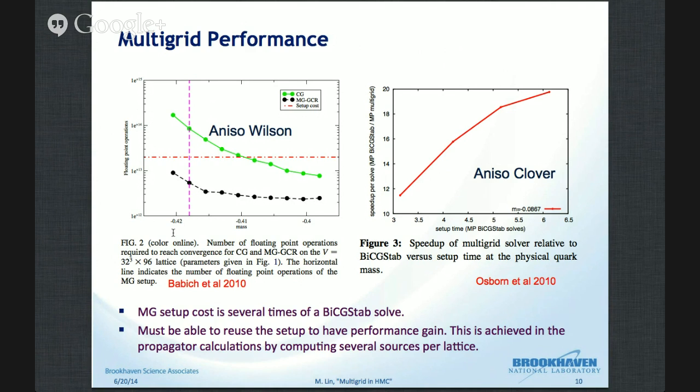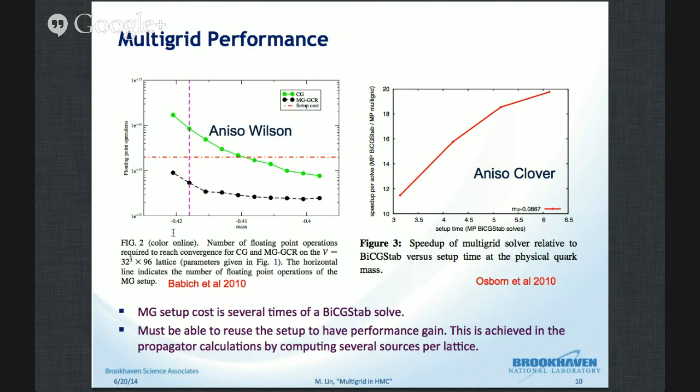And we can overcome this in the quark propagator calculations by doing a lot of inversions on the same gauge configurations. For example, if you want to do disconnected diagram calculations, you can use multiple sources, or if you just do connected diagram calculations, you can also do the inversions for multiple sources. So this way, the overhead of the multigrid setup won't kill your performance too much.